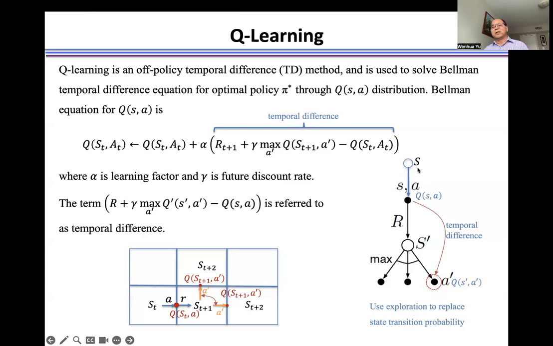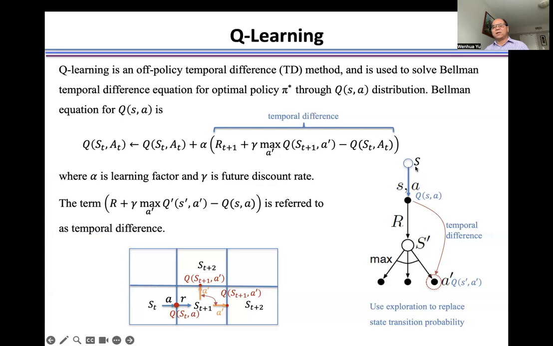So that means an agent at its current state selects action A under policy pi. At this point, we need to estimate the Q value. To estimate the Q value at this point, we need the reward from the environment.